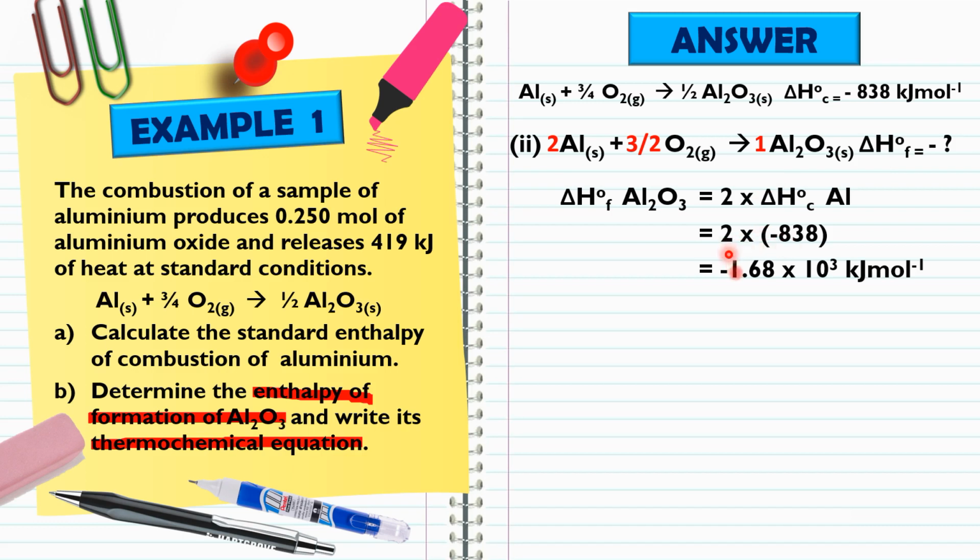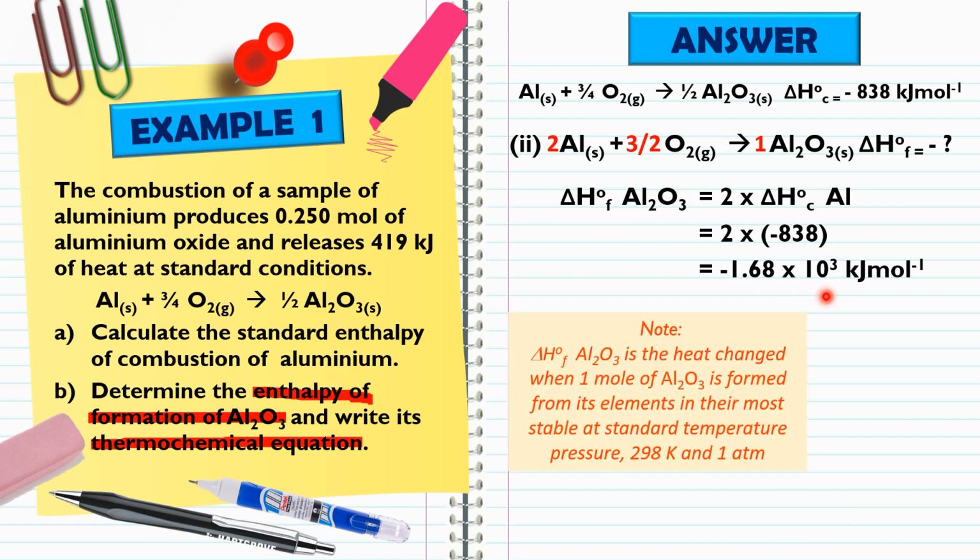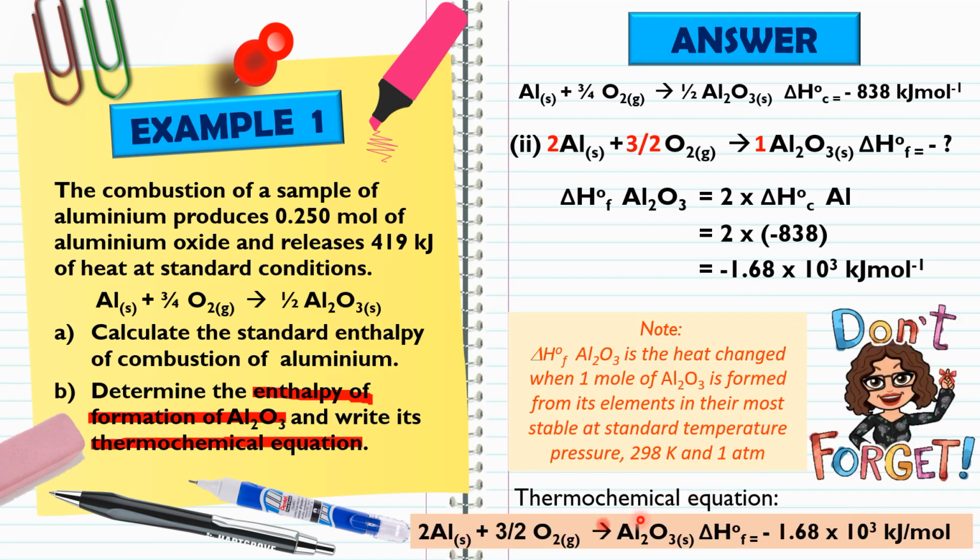So we will get the standard enthalpy of formation of aluminium oxide as negative 1.68 times 10 power 3 kilojoule per mole. Remember this definition. So this is the thermochemical equation. You have to include the balanced equation and also the value of delta H naught f.